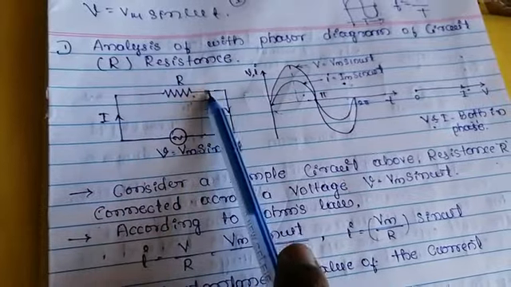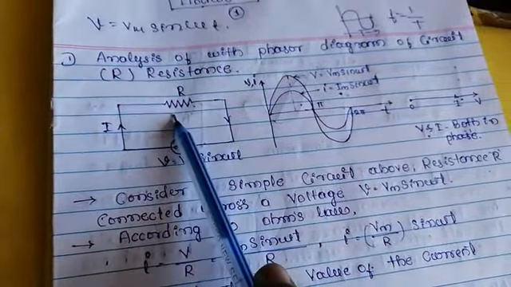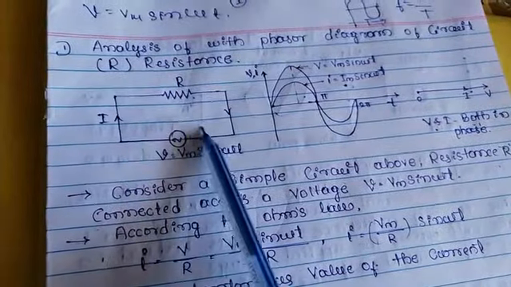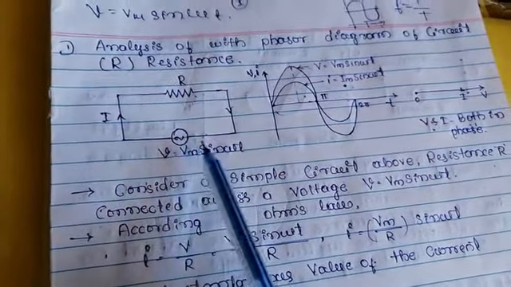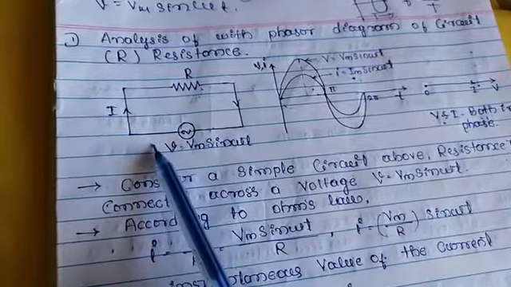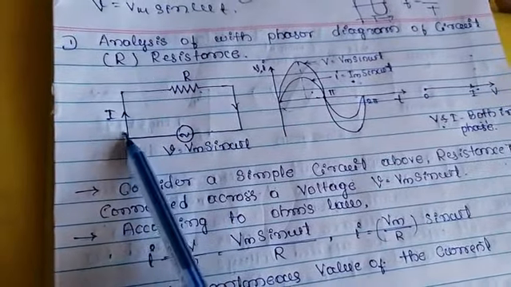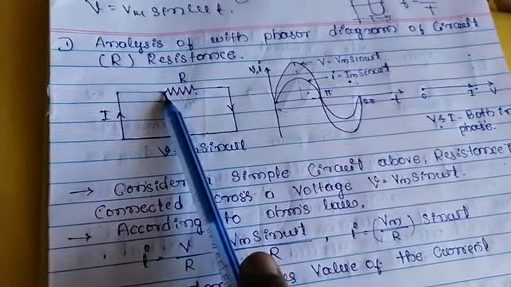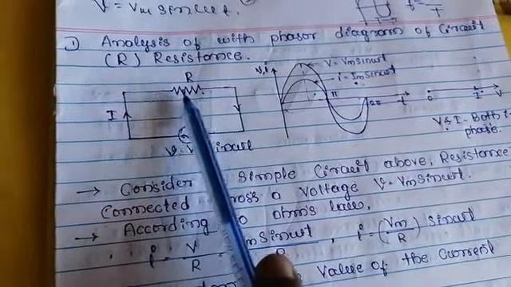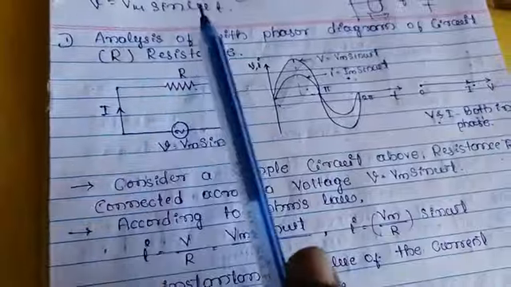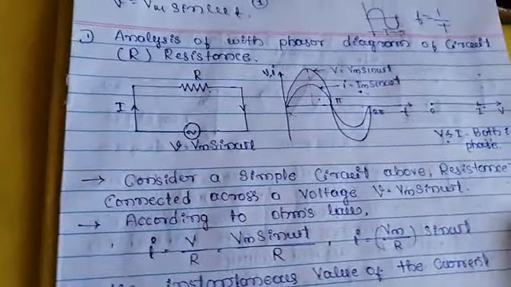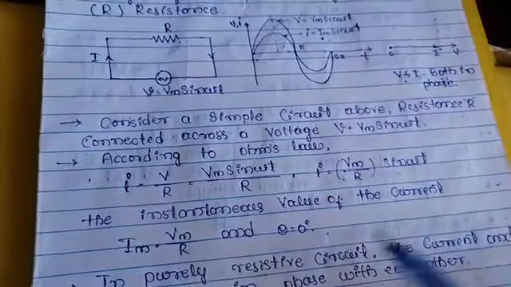When the circuit has only resistance R, we connect the input supply Vm sin ωt, and the current flow is I. We have to study what happens to voltage and current across the resistor. That is the analysis of current and voltage in the resistor circuit.